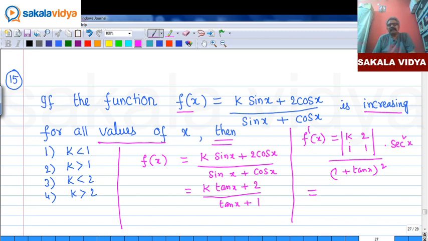So the determinant of this matrix is k minus 2, into secant square x by 1 plus tan x whole square.